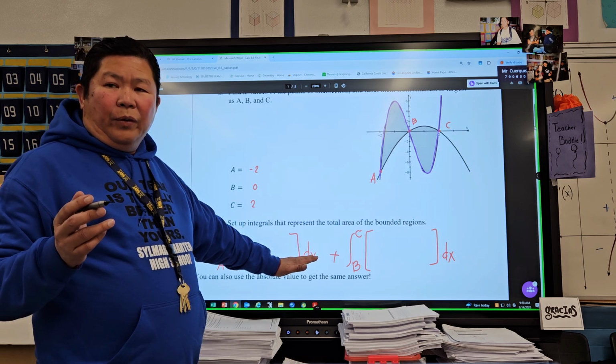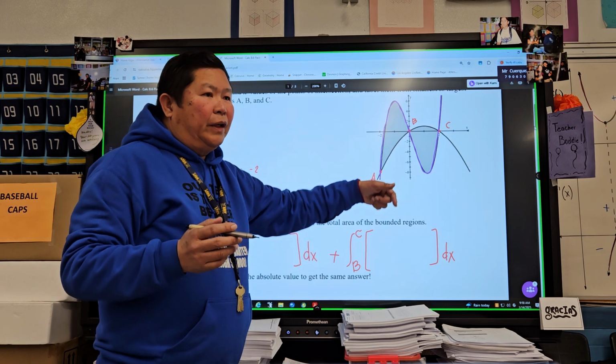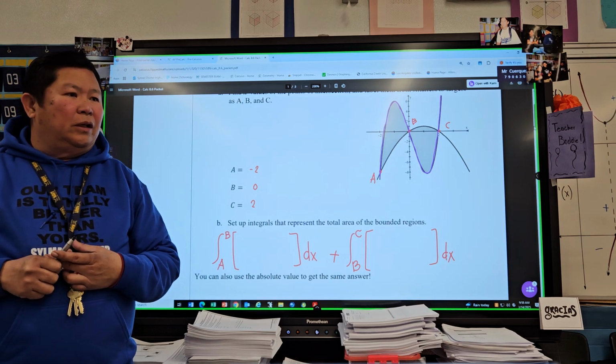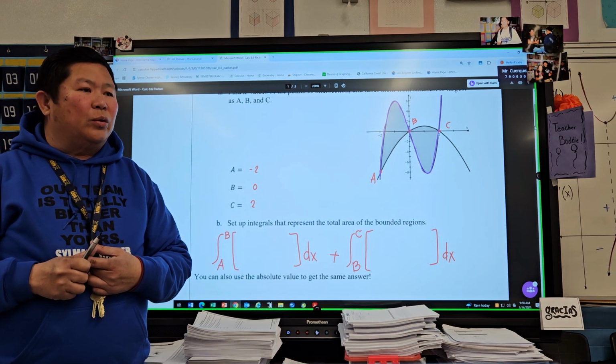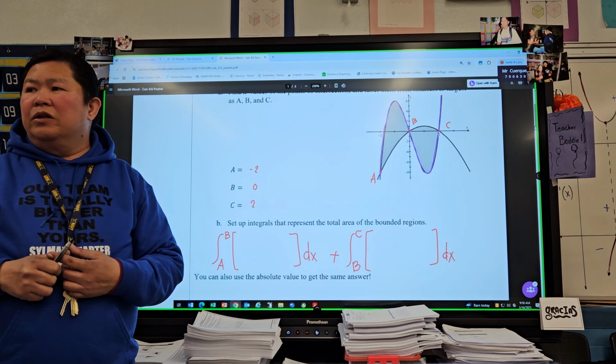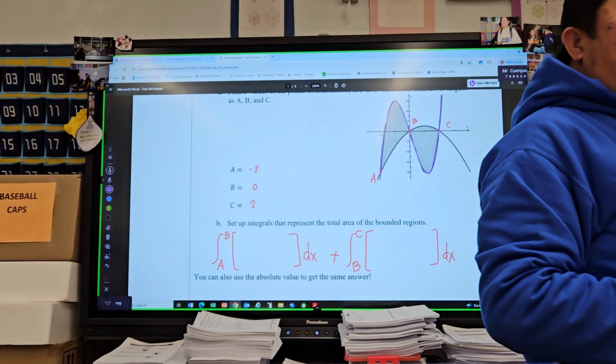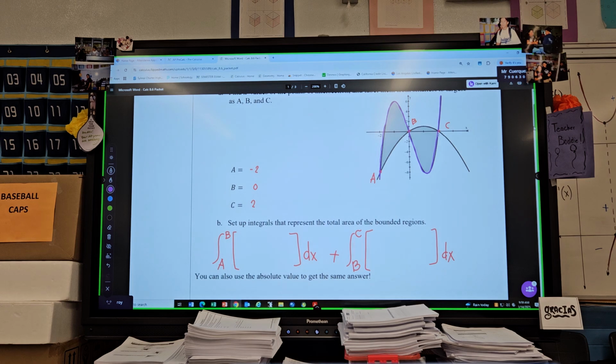And then, if you wish to solve for the area of this bounded region, you're gonna have to check your work. The area should be 24. 24 square units. May I see your work? You haven't started yet to set up? Okay.